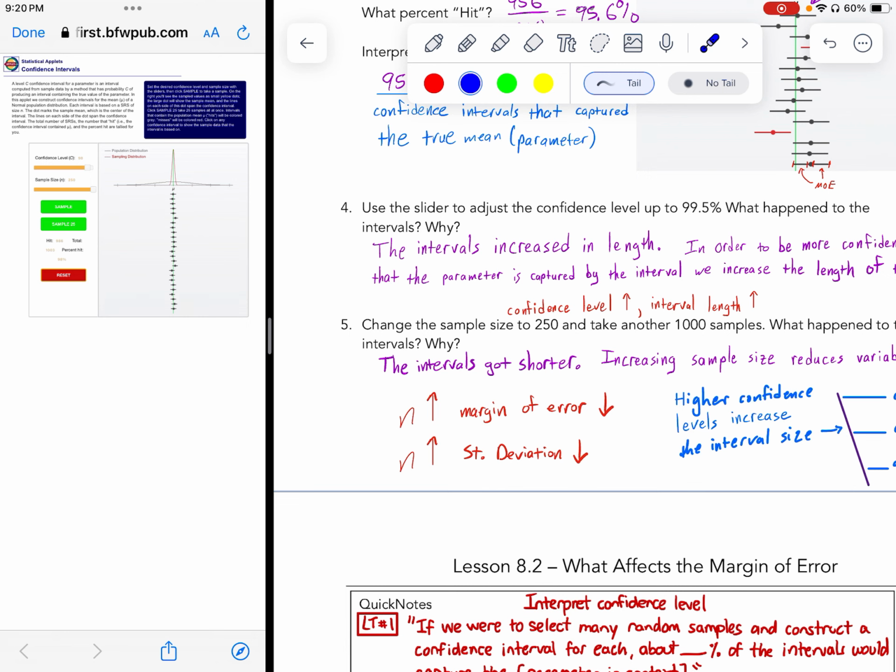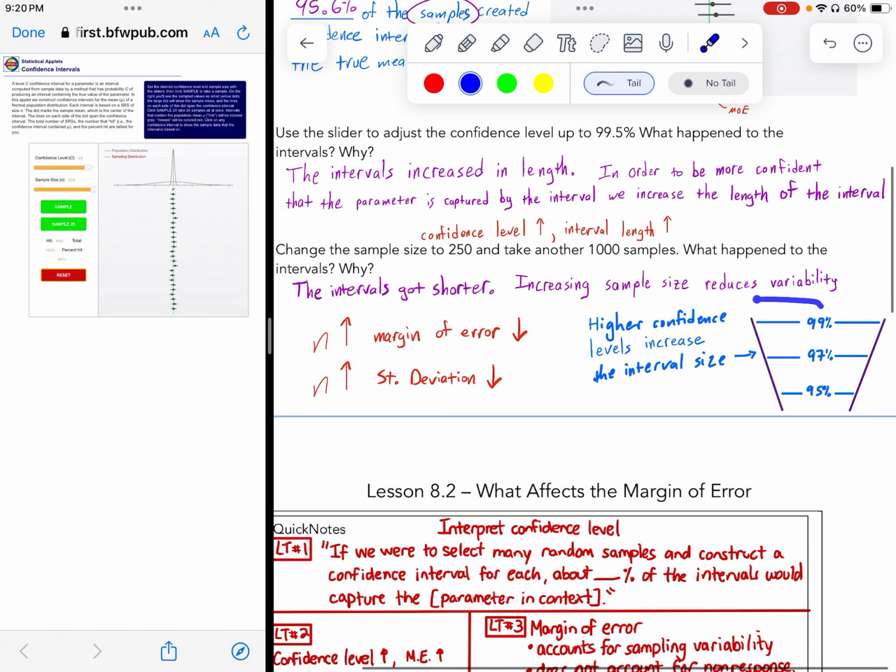This little diagram students have found helpful in the past. It's kind of like a funnel approach, but the higher confidence level goes on the top and the lower confidence goes on the bottom. This is just a visual for showing you that a 99% confidence interval is wider than a 95%.